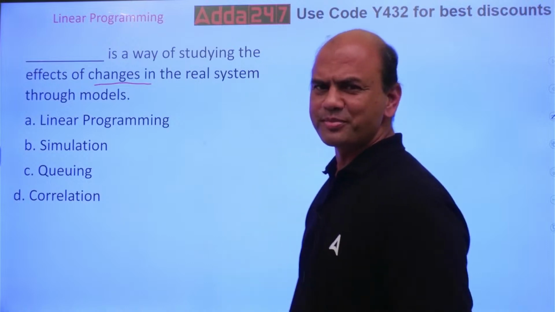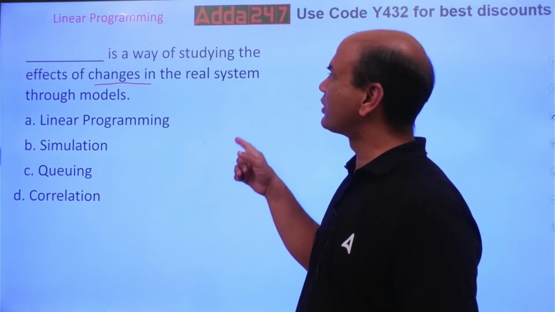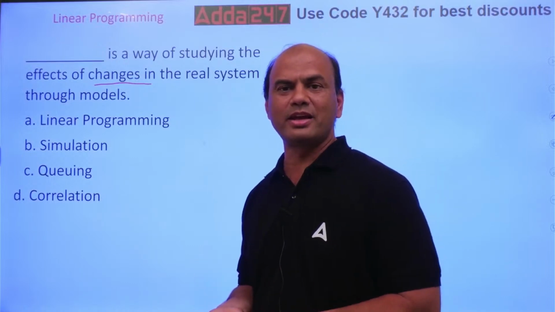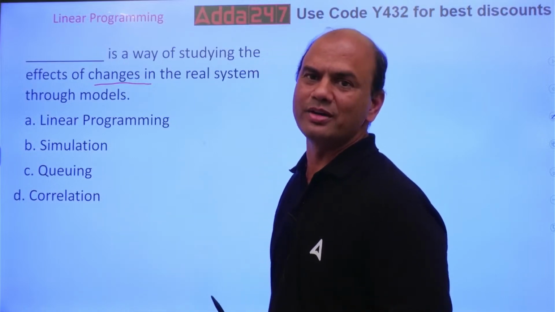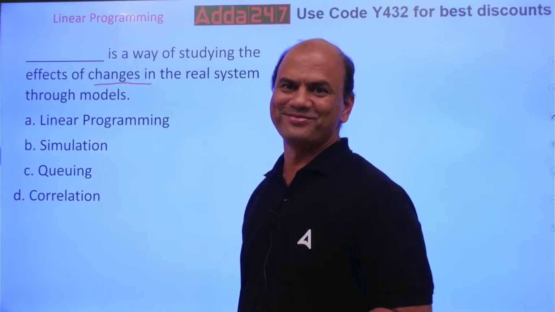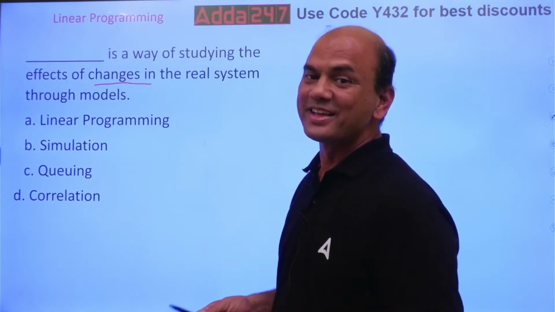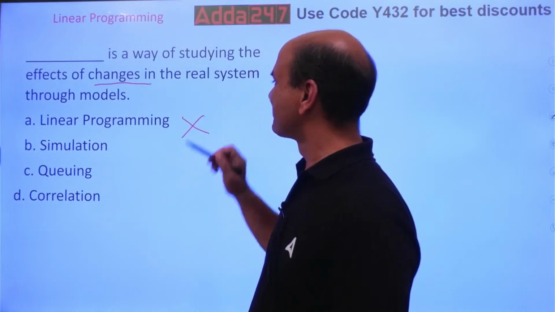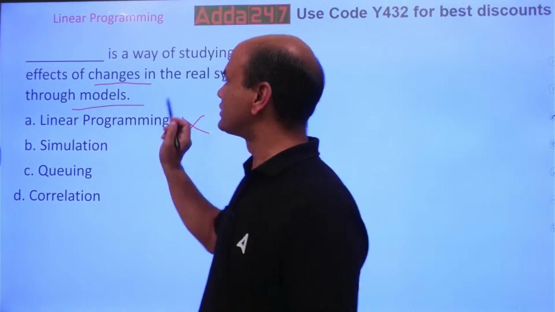Now I know the chapter is linear programming, so everyone will say the chapter is linear programming, so the answer will be linear programming. It's not that. The answer is not LPP. You are focusing on models over here.